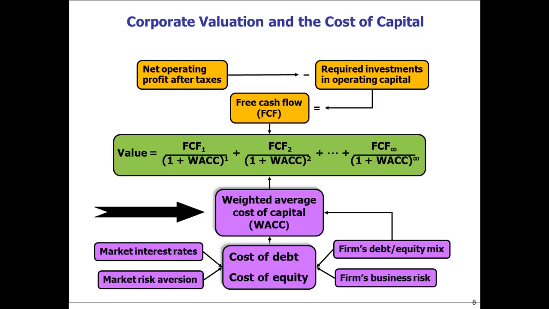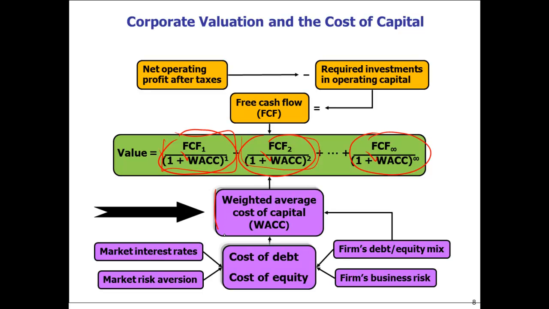Now we can start to get our arms around valuation. Dividend discount models or free cash flow models use the time value of money, where you forecast cash flow or dividends and then discount them back at the rate of return that investors require. We've learned about dividend discount models.